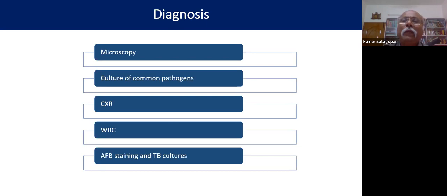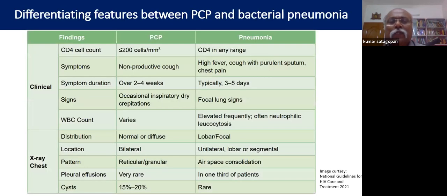Microscopy will be gram staining. Culture can be done if availability is there. Chest X-ray is a very important diagnostic tool. Total count can be increased and shows severity. Other comorbidities you have to look for by AFB staining. So this is regarding the diagnosis.